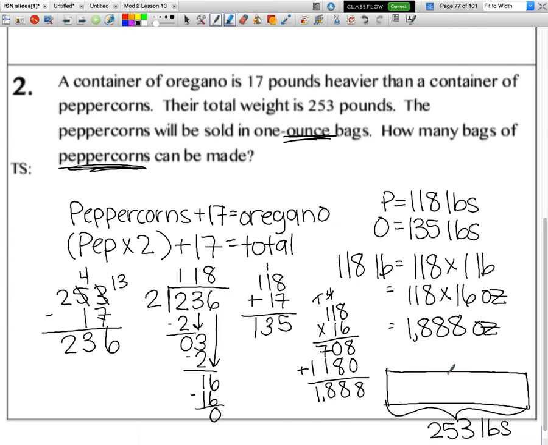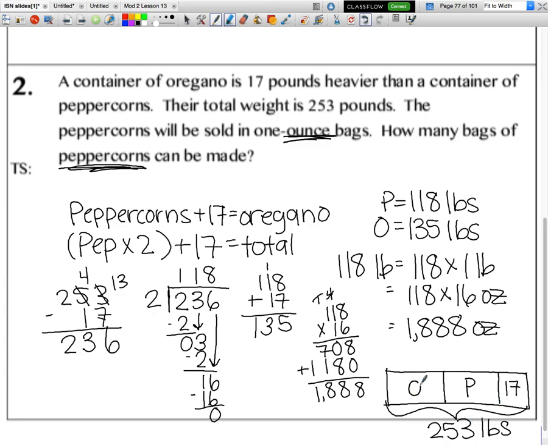So I know that oregano is 17 pounds heavier than peppercorn. So I know that peppercorn plus 17 is the same size as oregano.